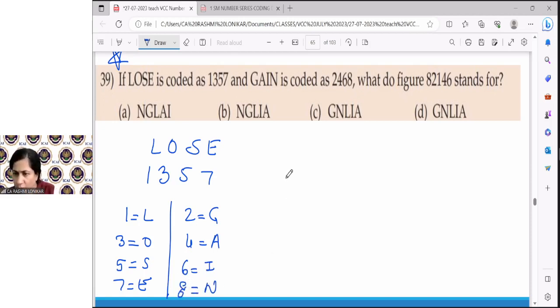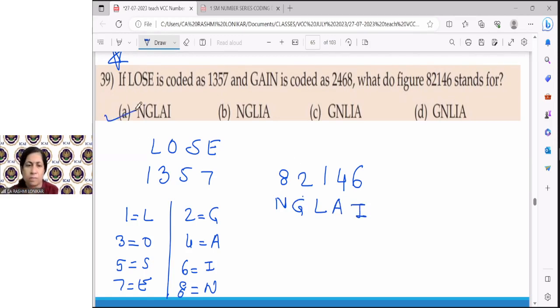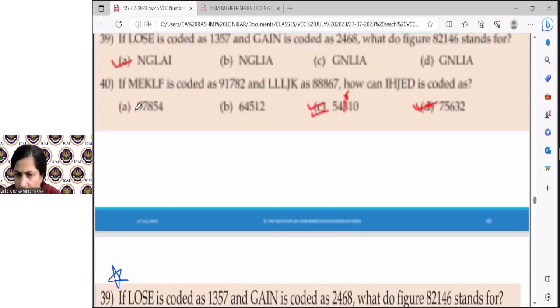So what do 8, 2, 1, 4, 6 stand for? Once I write this now, it becomes very easy. This is N. 2 is what? G. 1 is L. 4 is A. And 6 is I. N-G-L-A-I. Okay.